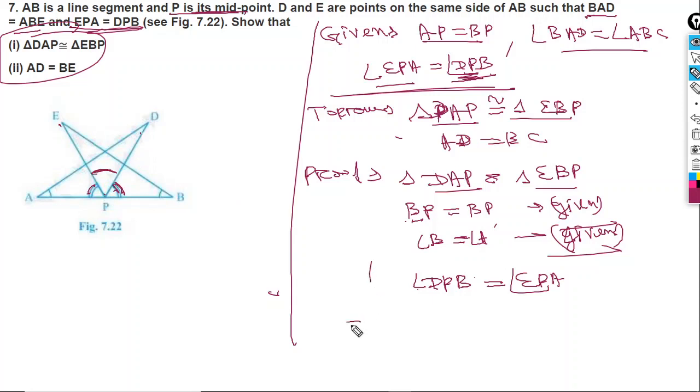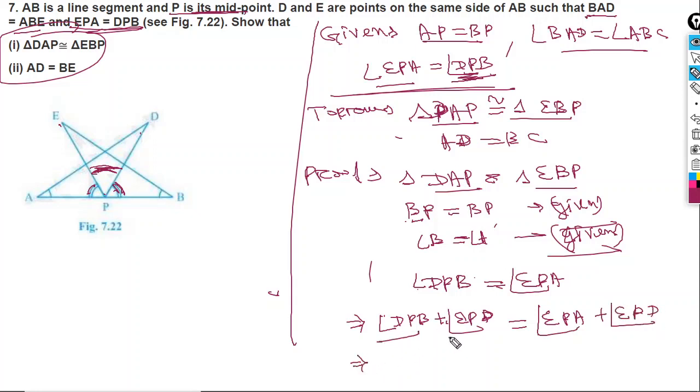Implies angle DPB plus angle EPD. Look at the figure, only this EPD I am adding, equals angle EPA plus the same EPD. Implies now DPB plus EPD, look at the figure, DPB this angle plus EPD this angle will form this big angle.